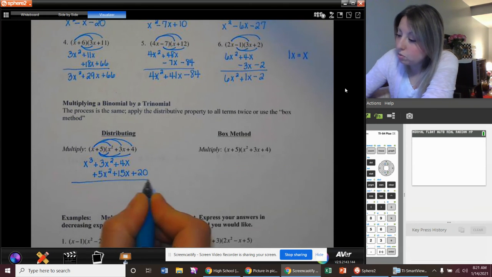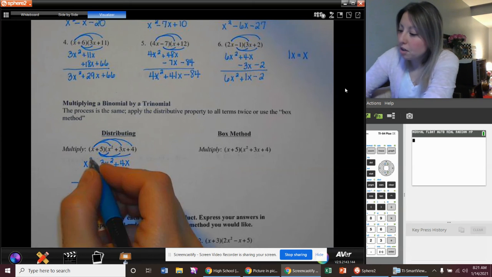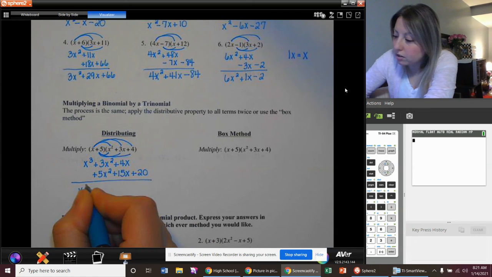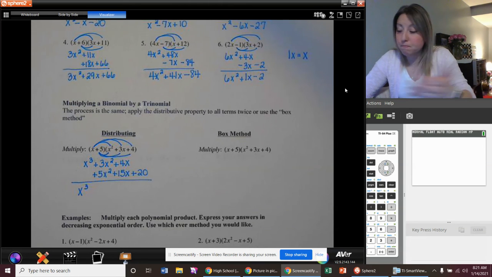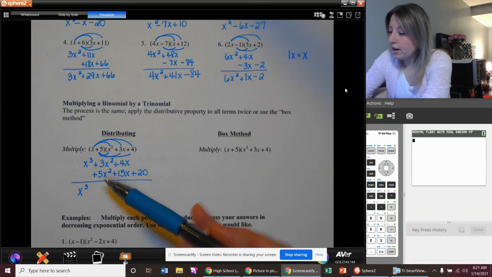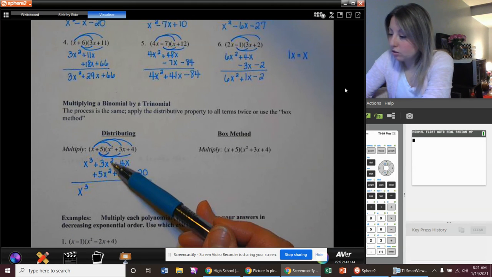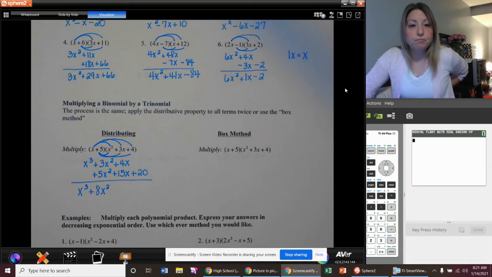So now what I do is vertically add, right, and simplify. Nothing else like the x cubed, but it does go first because it's the highest exponent. So this is a third degree polynomial with a leading coefficient of 1. All right, now we've got 3x squared plus 5x squared. Well, 3 plus 5 is 8x squared, positive 8x squared.